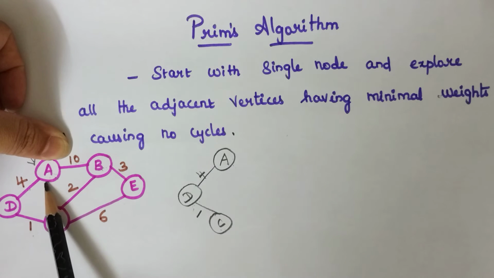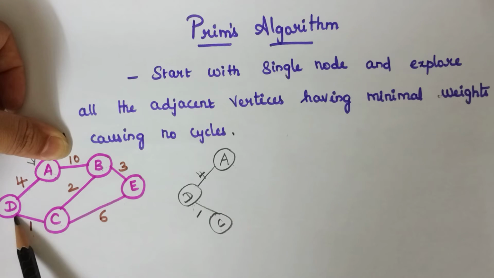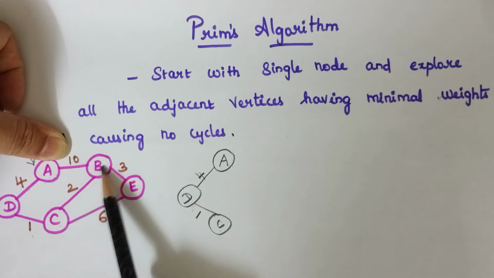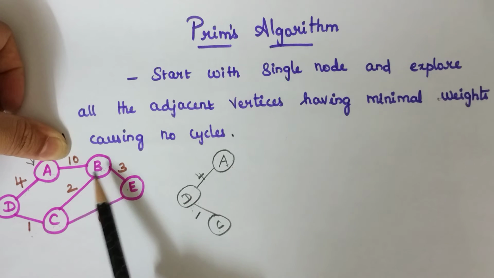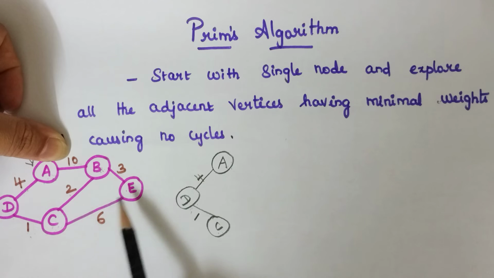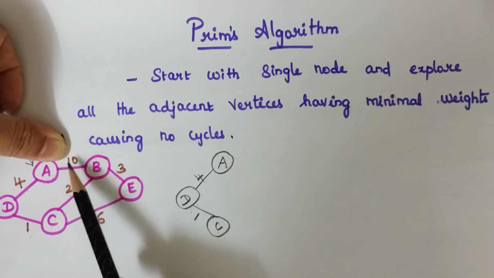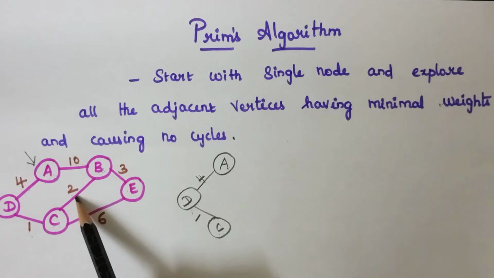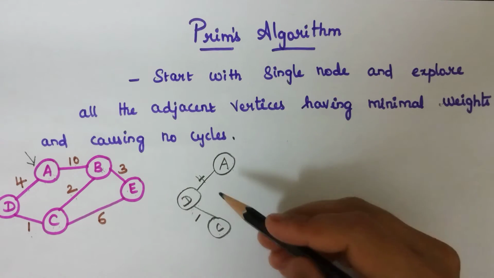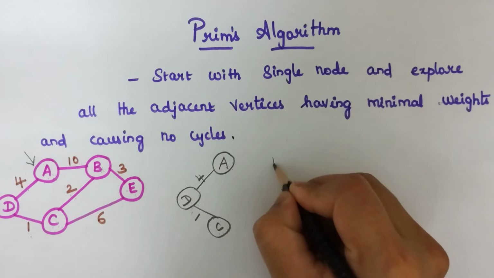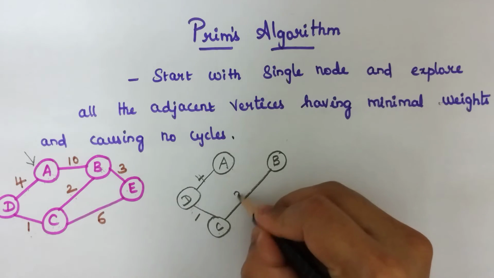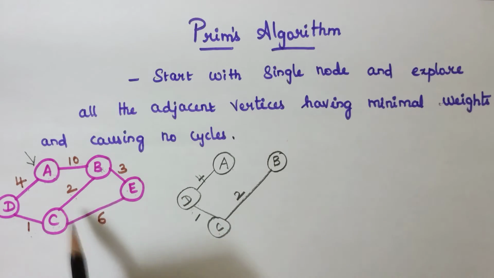Coming to D, there are no adjacents left, so just ignore D. Now coming to C, from C we have two adjacents: one is B having weight 2 and the other is E having weight 6. If you look at these weights, 2 is the minimum weight, right? So I can connect C with B with weight 2, which is the minimum weight among all the other adjacent vertices.